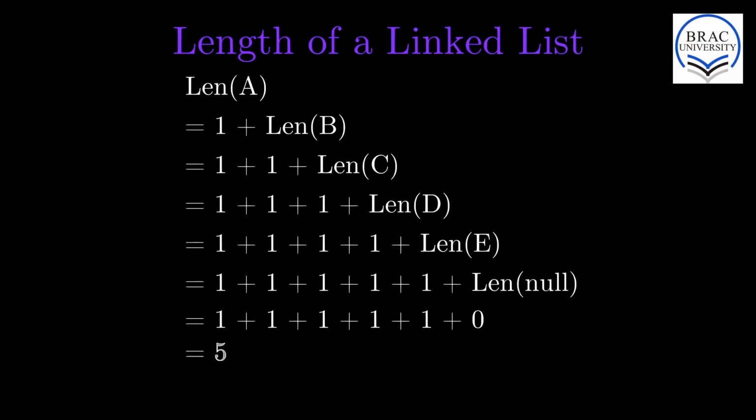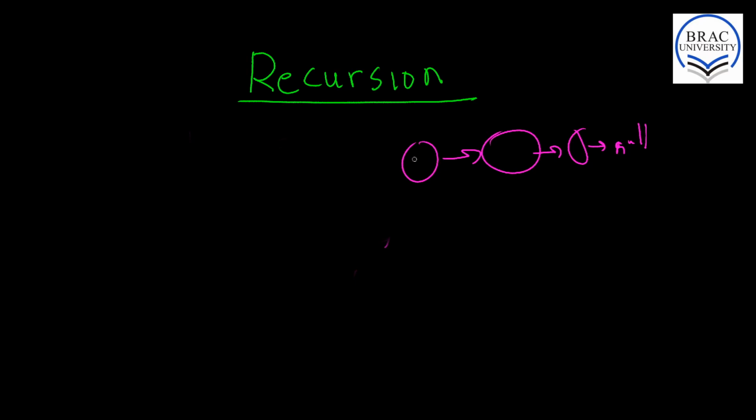If I told you that I want the sum of the linked list, what will I do? Let's say we have this linked list 1, 2, 0, which is pointed to by list. If we want the sum of this linked list, we will write a function called sum, and its return type will be integer because it returns a sum.